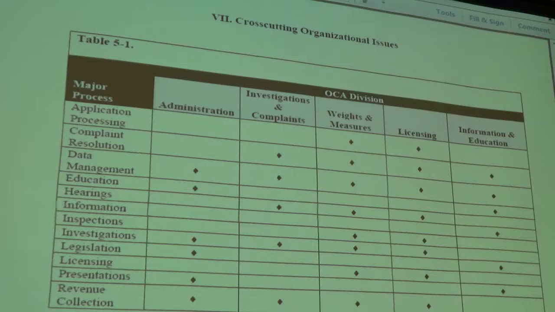Licensing is affected similarly by the processes. The administrative side is affected by data management, education, investigations, legislature, presentations, and revenue collection.